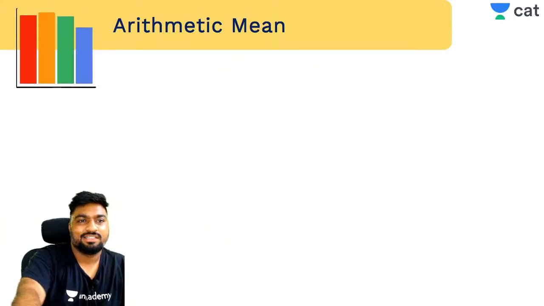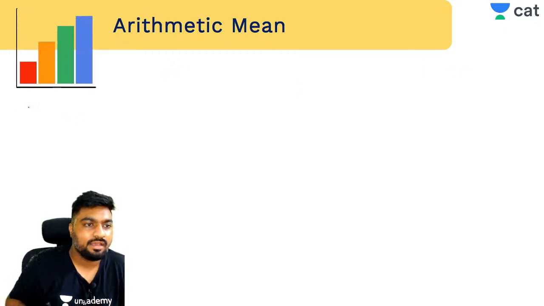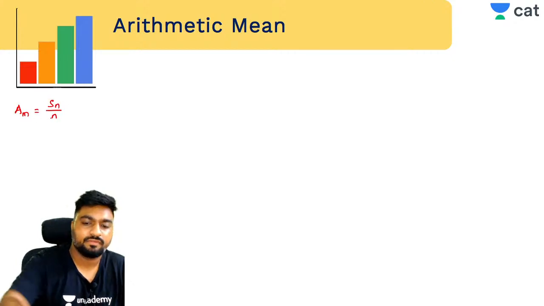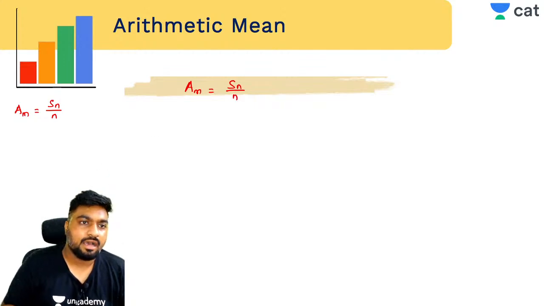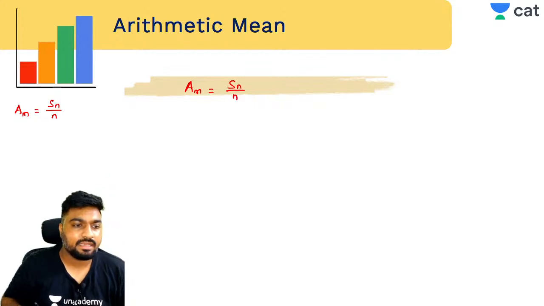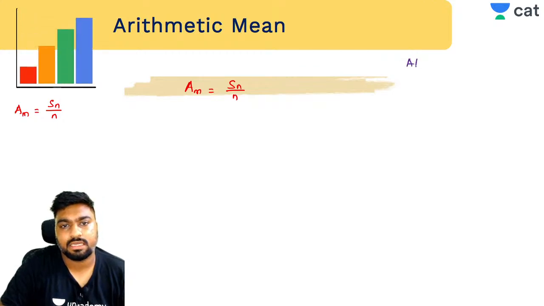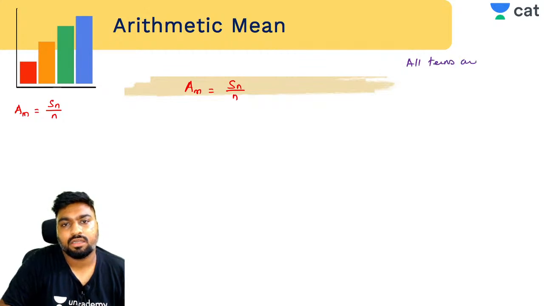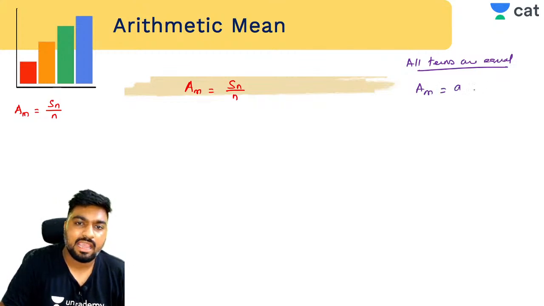Let's talk about arithmetic mean. Arithmetic mean is nothing but average, right? Arithmetic mean of a given set of terms is nothing but sum of n terms by number of terms. In arithmetic mean, we talked about this: if all terms are equal, then arithmetic mean is equal to each of the terms, any term, A, B, C, whatever.